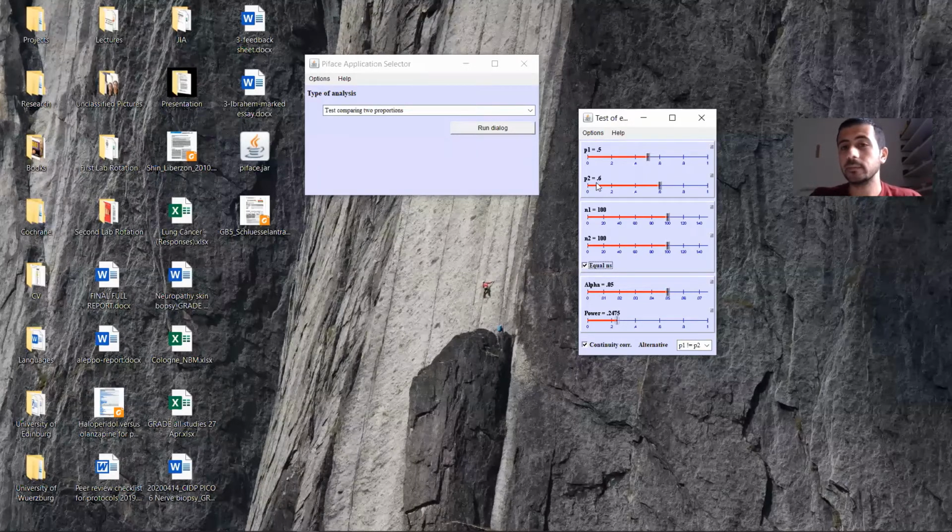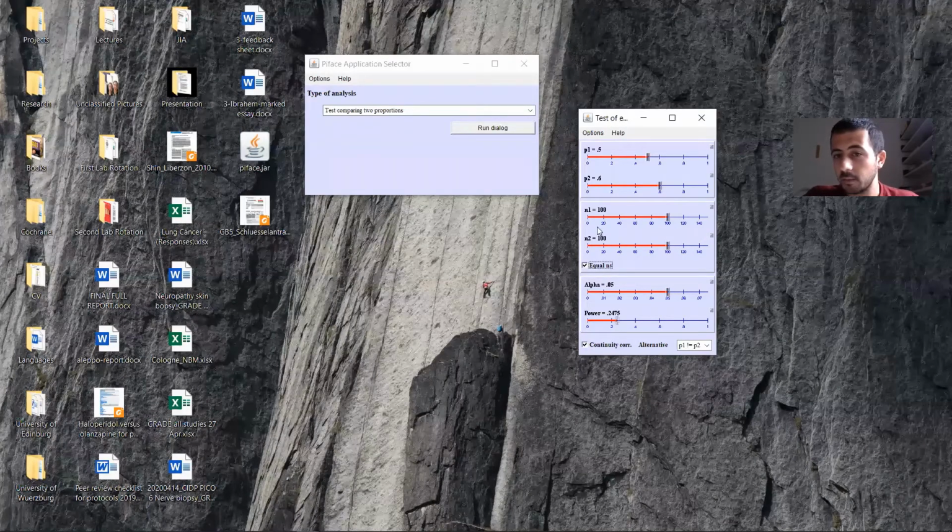Okay. Here we have the number of cases in the first arm and the second arm, and remember that in here we have the option. We might make them equal and we might make them not equal. We have the alpha. As you remember, we chose alpha in the last calculator, and the power.